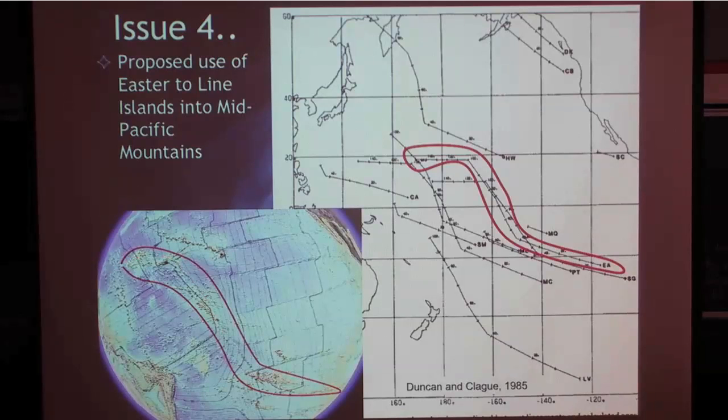And this connection has lived on since then with the idea that the Emperor chain, Louisville chain, are equivalent to this area here and this area here. The problem is this stretch here, the Line Islands into the Mid-Pacific.